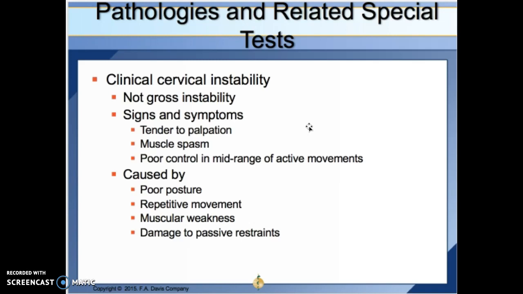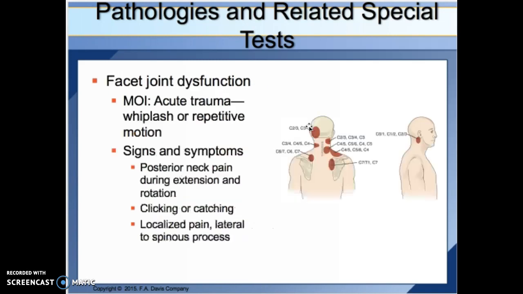This can be caused by poor posture, by repetitive movement, by muscular weakness, also possibly by damage to passive restraints, and primarily those passive restraints are the ligaments. So we can have cervical instability just the same as we can have lumbar instability. I don't tend to emphasize that in my teaching because I feel like detecting that is a little bit more of an advanced skill.